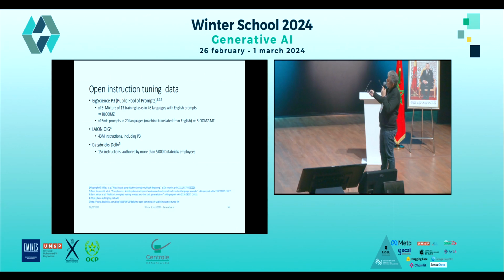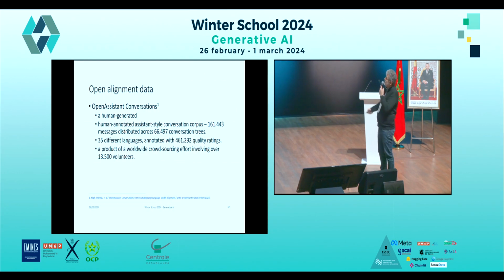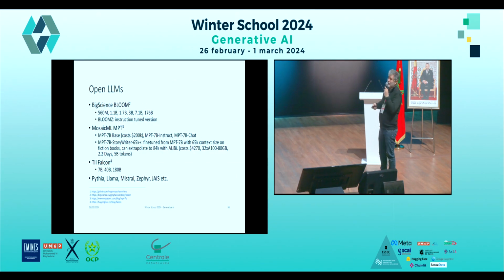Lion, 43 million instructions, and Databricks, 15K instructions that corresponds to 5,000 employees that were helping with this. We also need open reinforcement learning related data, alignment data. Here we have 3 data sets that corresponds to thousands of people volunteering for this. So human evaluation is always very important still.